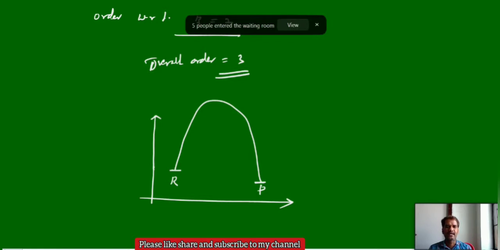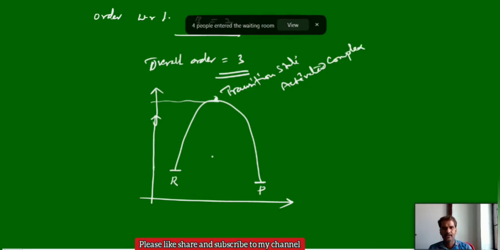To convert reactant to product, it can go through only a single step, and this state is called the transition state, or we can say activated complex. The transition state or activated complex can be converted into the product, a single step reaction.